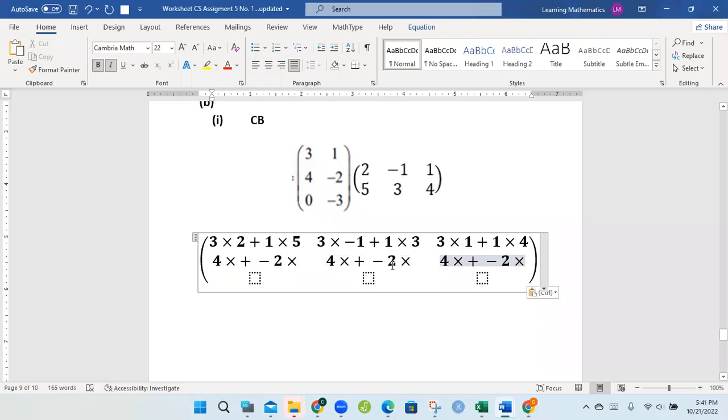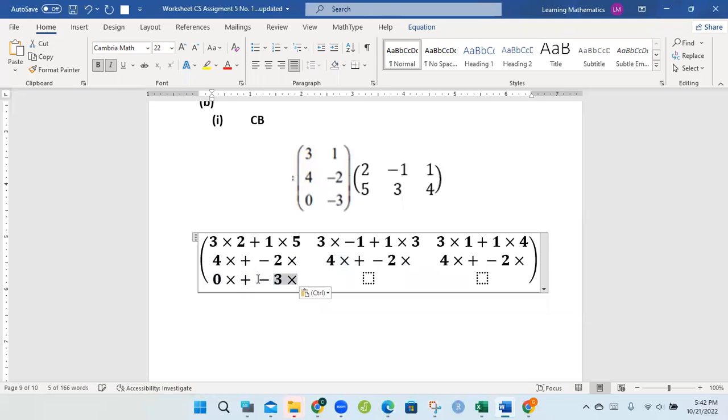Okay. Now come down to the 0 and the -3. 0 times a number plus -3 times a number.